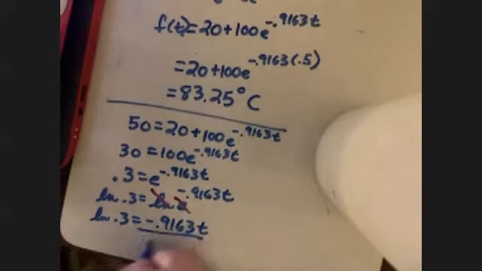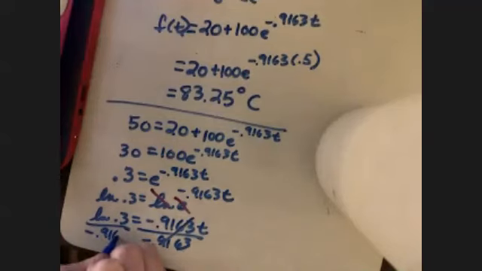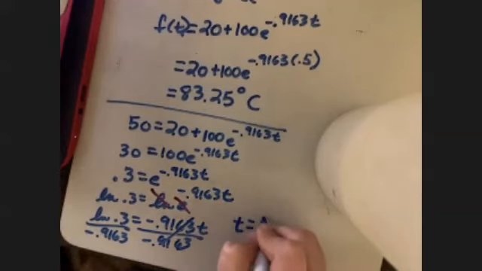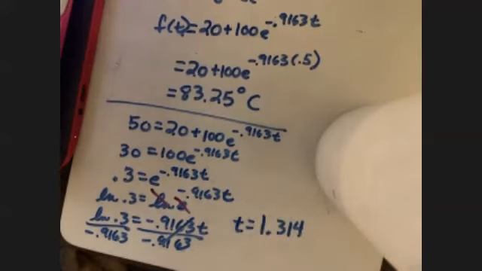And then I'm going to divide by negative 0.9163. So natural log of 0.3 divided by negative 0.9163 gives me that time is 1.314. So an hour, almost an hour and a third. Okay, so an hour and 20 minutes.